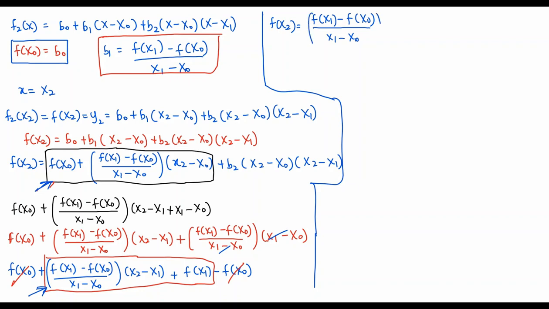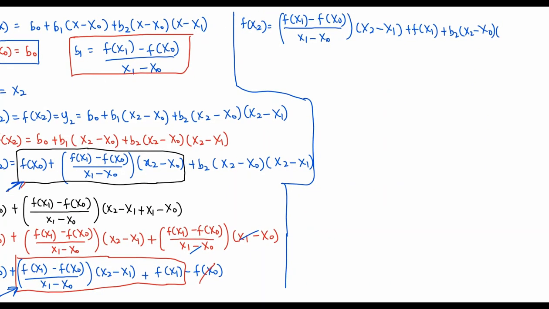This will be multiplying x2 minus x1, plus f of x1, right? Then we can add plus the b2, multiplying x2 minus x0, right, times x2 minus x1. This is what we have now.